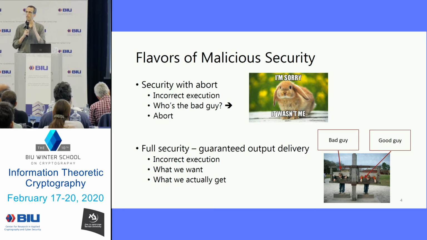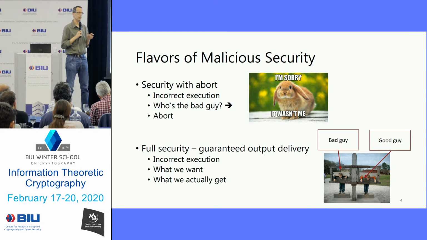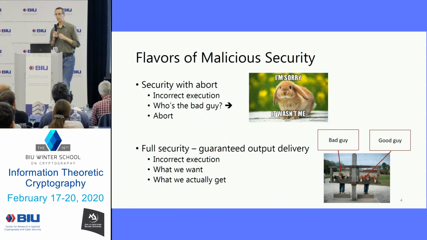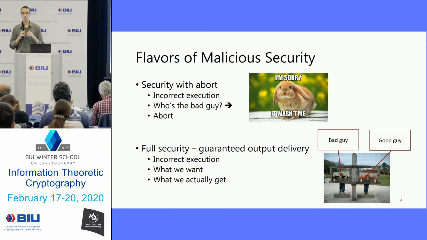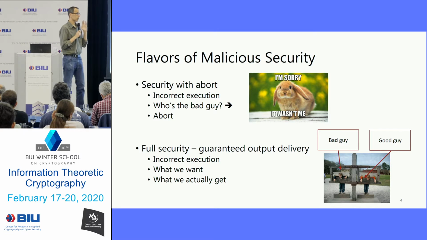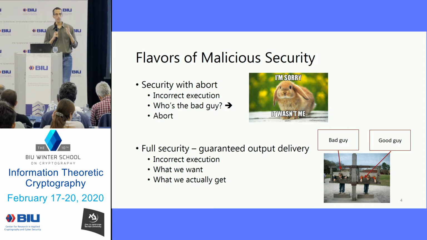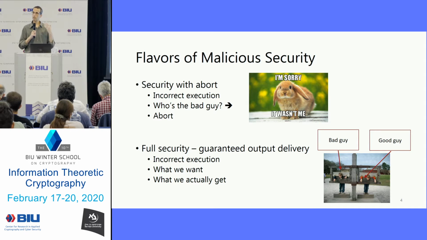One is bad and one is not bad, and we'll be able to remove both of them from the execution. Assuming we had an honest majority before we started, and we remove the two people, one of which is bad, we're still going to have an honest majority and we can recompute the protocol.